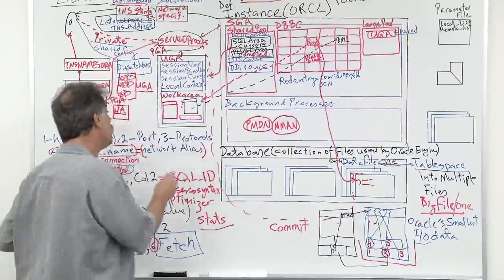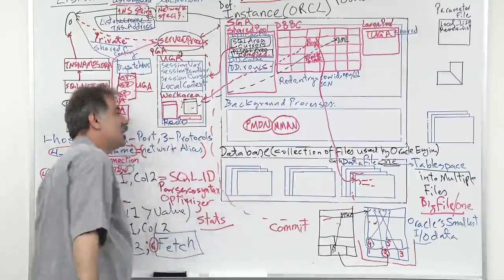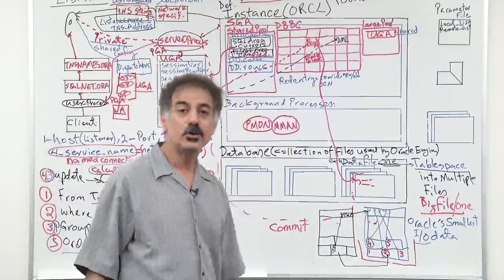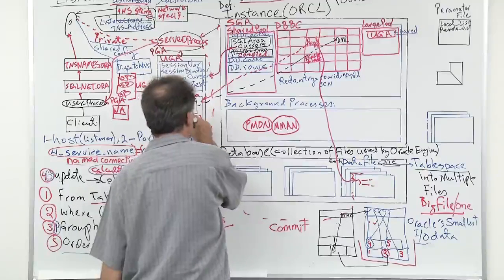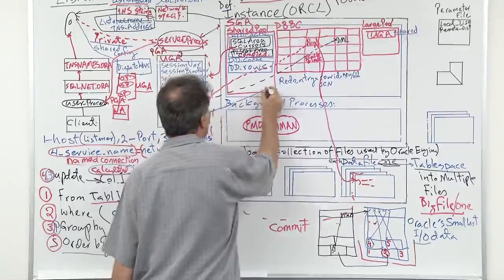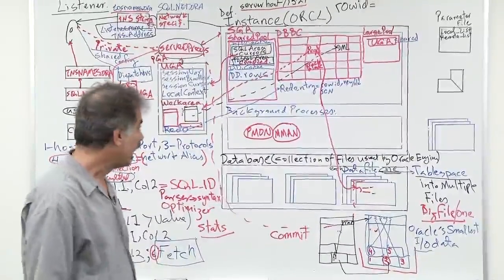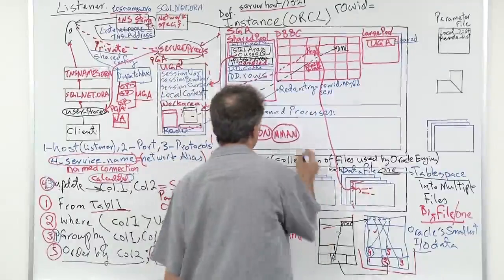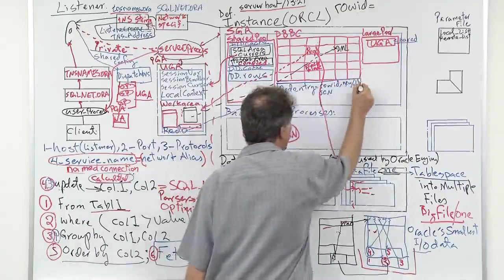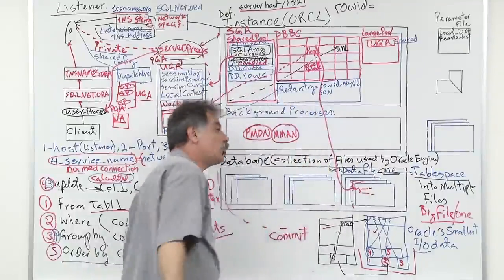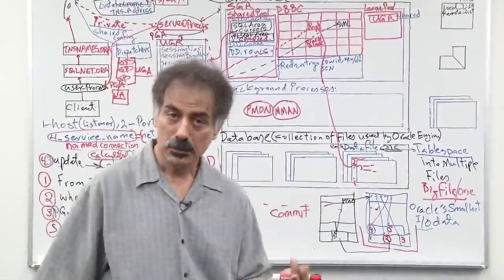Therefore, the redo is actually created in the work area when that new block is built. And then the redo is placed by that server process into the memory. Once that redo is put into the memory, then we can send a message to the user that now your DML, your update, your insert, your delete is complete.